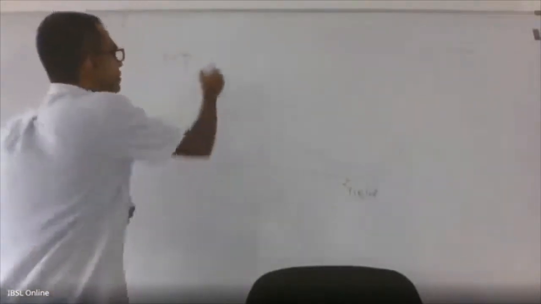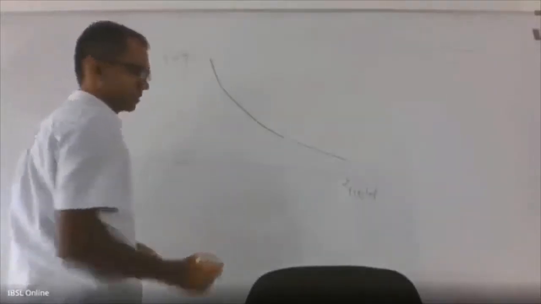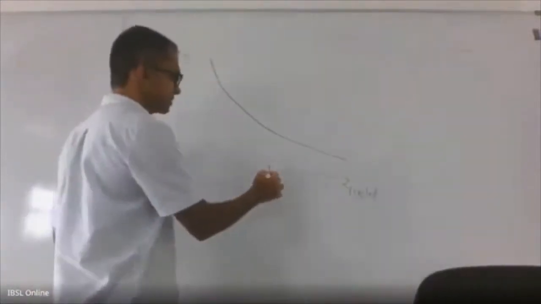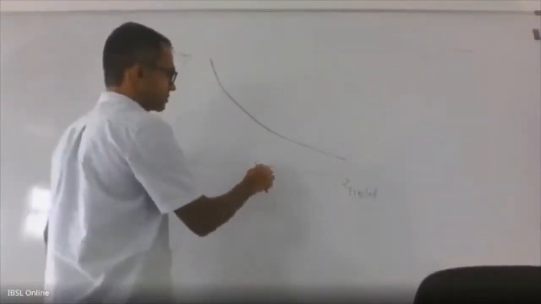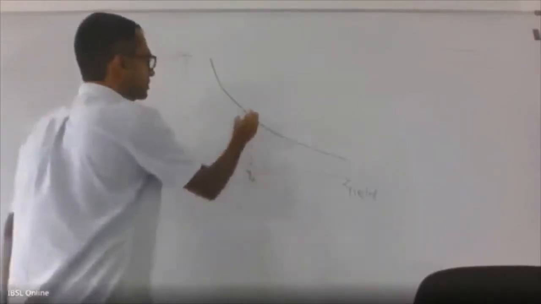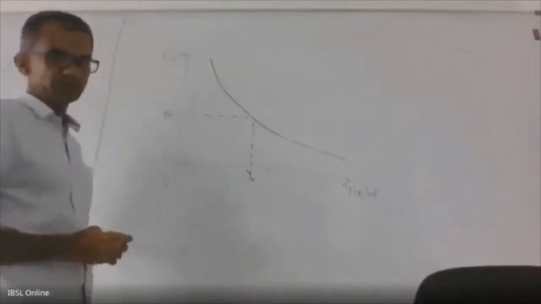Can you see the board? So what do we do? At two different yield levels, this is the current yield, Y naught. We calculate the price, P naught.